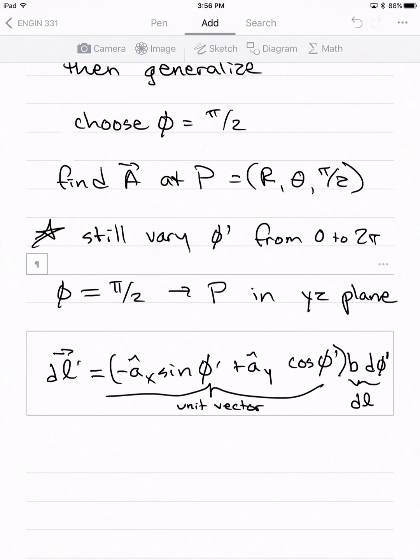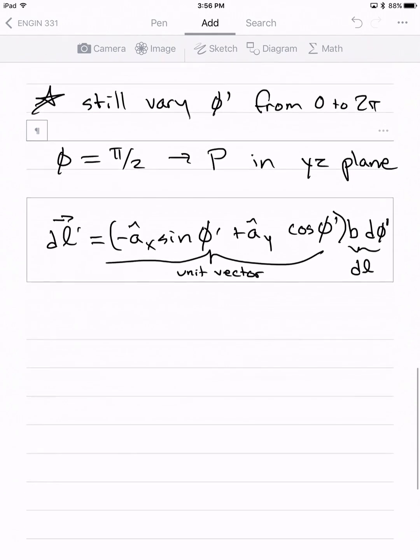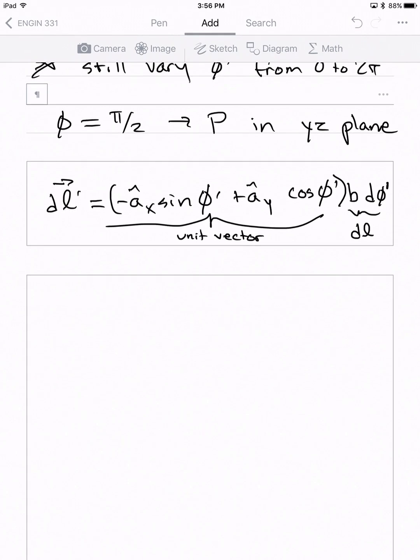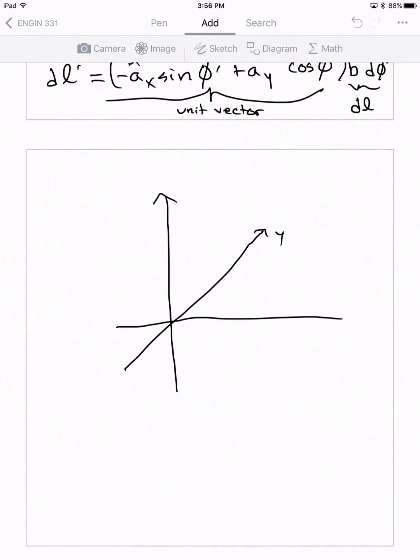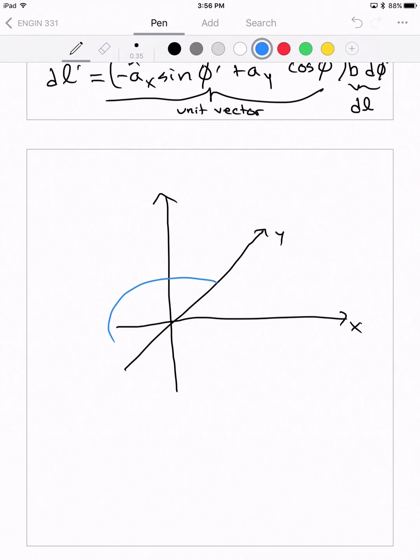All right. Now, here is an important thing. We're going to make a symmetry argument. I'm going to draw my coordinate system again. Try to get the y-axis right this time. It's a little better. Here's my circle. I said that we're choosing P as a point in the YZ plane. P. There we go.